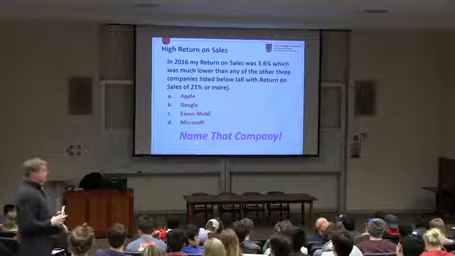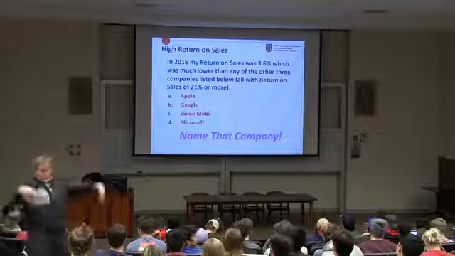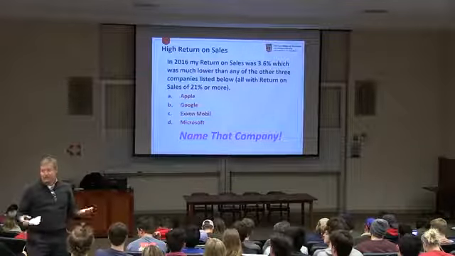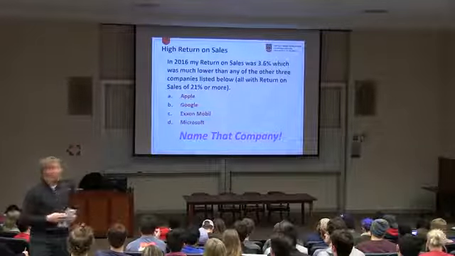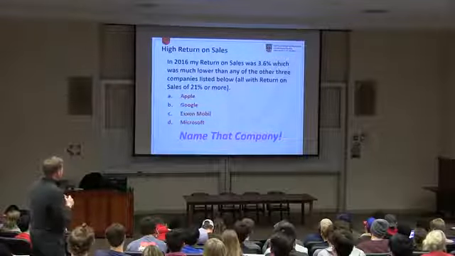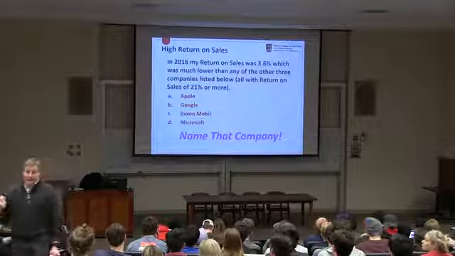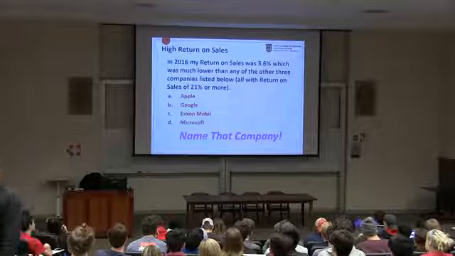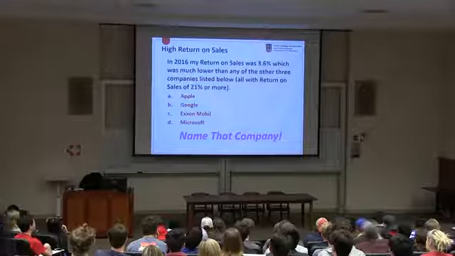And so if you're in sort of a monopolistic sort of setting, you can charge whatever price you want. If there's high competition, it's going to drive those prices down. You got to stay competitive with everybody else, right? So think about these three companies here and think about which one of them is in an industry that probably has the highest level of competition. Any ideas? Who do you think this company might be?